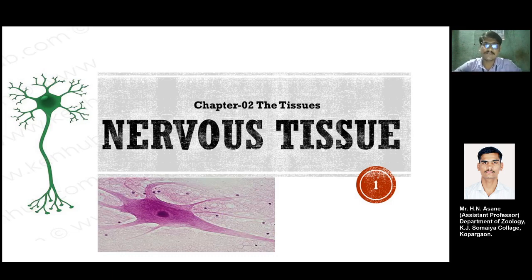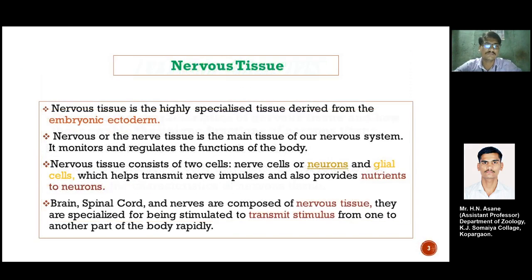In the previous part, part one of the nervous tissues, we have seen the nervous tissue, its definition, and how the nervous tissues are established in their role in the central nervous system as well as the peripheral nervous system.